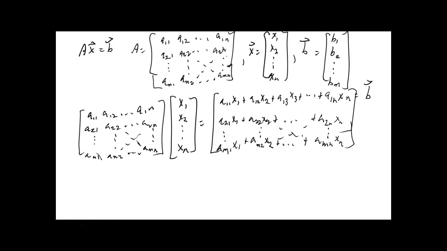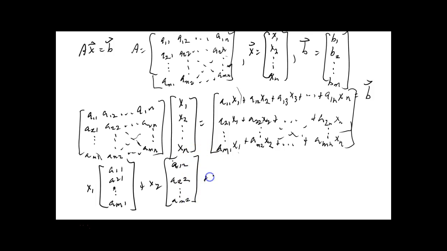Now, all this is so they can get at this. Notice this first column here is X sub 1 times A11, A21, dot, dot, dot, AM1. Plus, pull out the X sub 2 here. Why they don't put it on the other side, I don't know, but I'm trying to do what they do. A sub 1, 2, A sub 2, 2, dot, dot, dot, A sub M2.